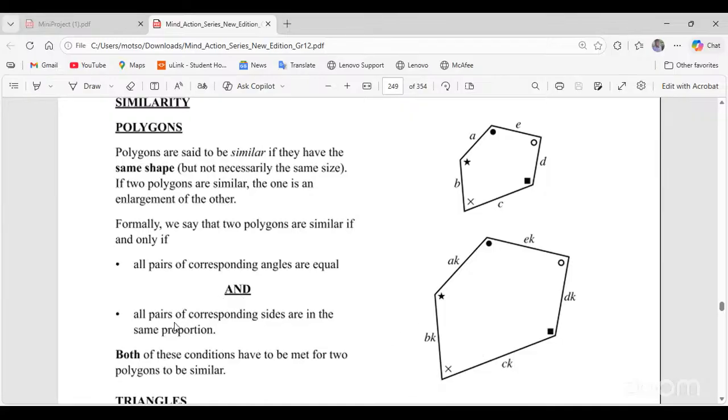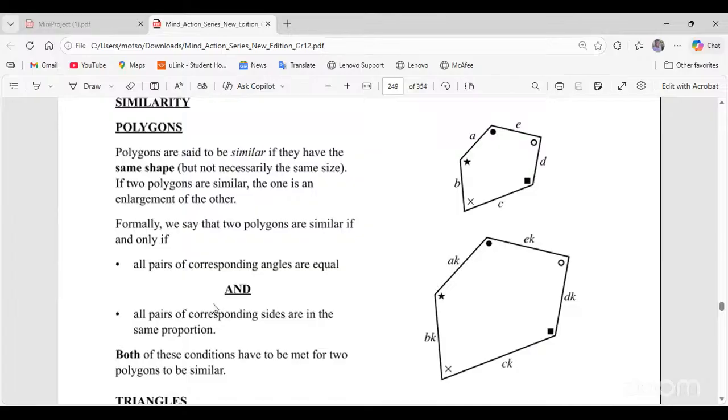And all pairs of corresponding sides are in the same proportions. So note that the pairs of corresponding sides are not equal, but they are in the same proportion, right? The only thing that is equal in these shapes is the corresponding angles, but the corresponding sides are in the same proportions.